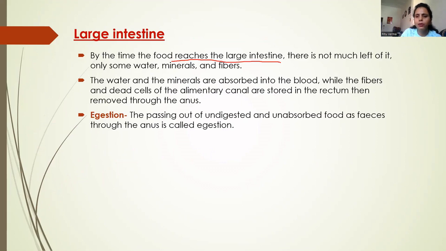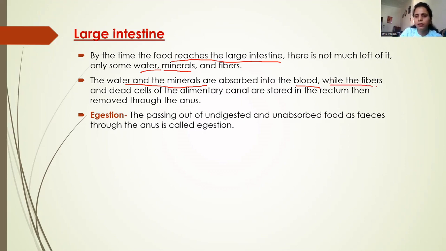That food has a large amount of fiber, plus it has some water as well as minerals. The water and the minerals are absorbed into the blood, because our body cannot afford to lose the water and minerals present in the food.